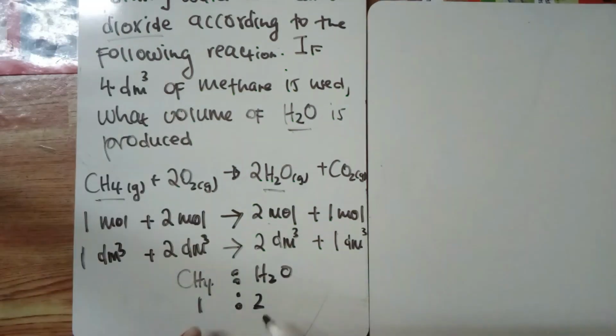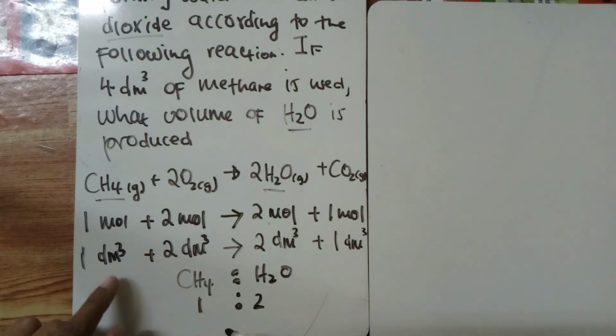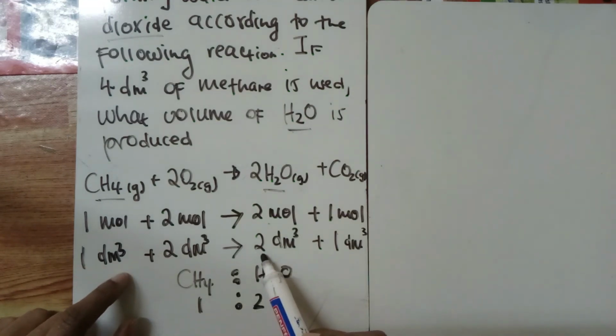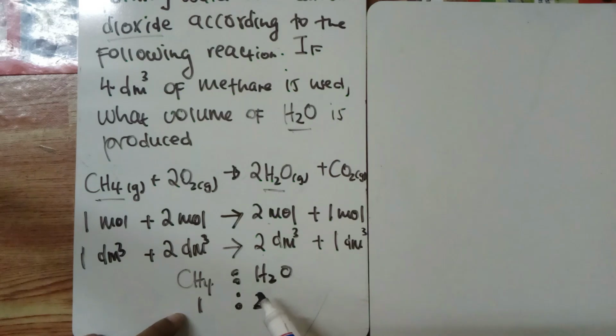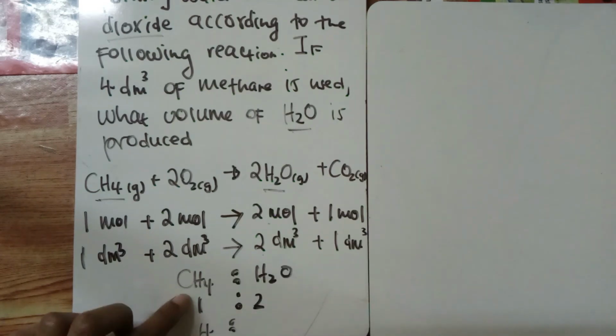The ratio of CH4, our methane, to H2O is 1:2. So for every 1 cubic decimeter, there are 2 cubic decimeters of water. This means that if we have 4 cubic decimeters of methane, it will just be 4 times 2, which will give us 8 cubic decimeters of water.